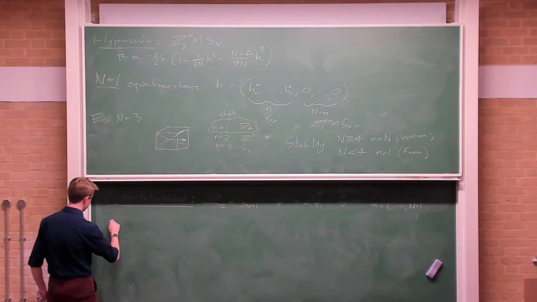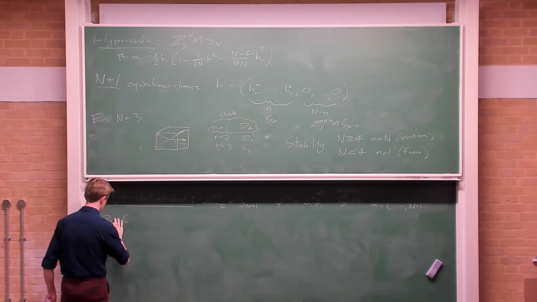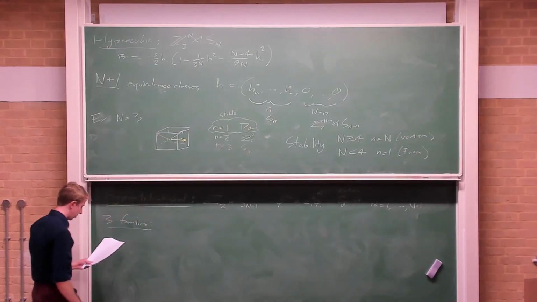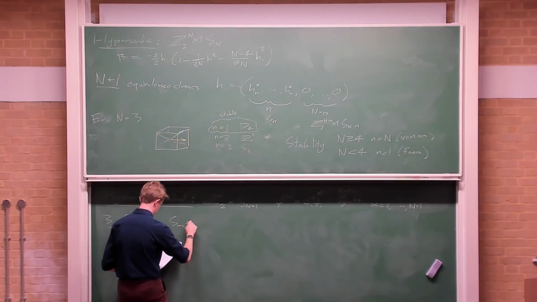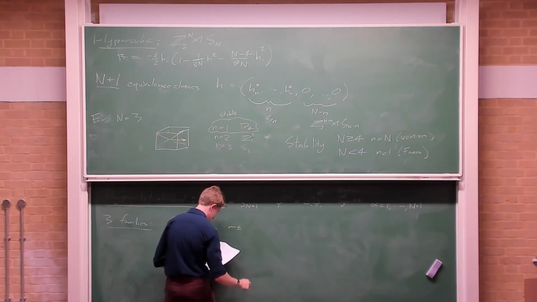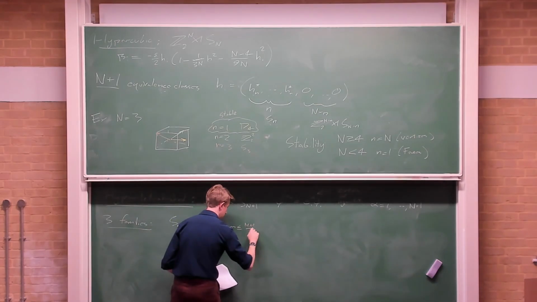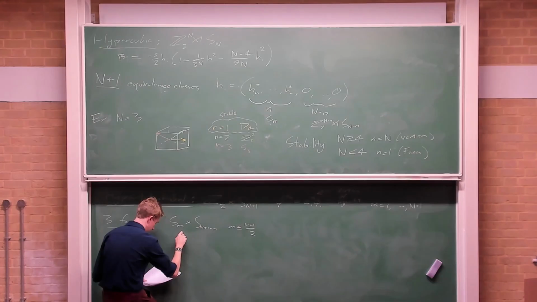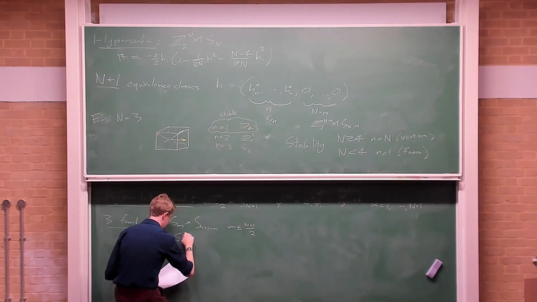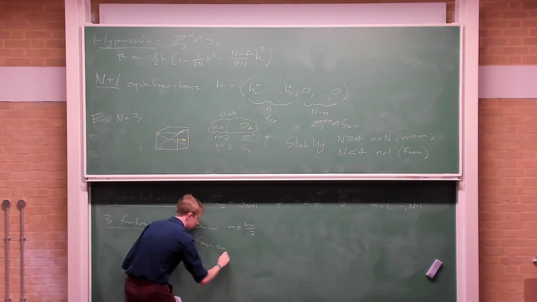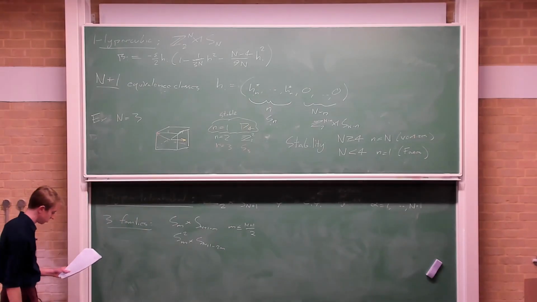In the end, one finds 3 families of equivalence classes. There's one family with S_m cross S_{n+1-m} symmetry, where m is an integer less than or equal to (n+1)/2. There's then also a family with S_m squared times S_{n+1-2m}, where again m is less than or equal to (n+1)/2.